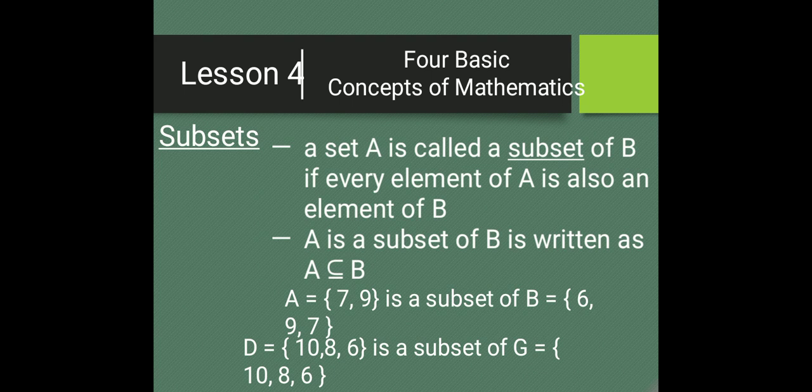Si 10 kay D is andun rin kay G. Yung 8 ni D is andun rin kay G. And 6 is also contained in the set G. So, this means lahat ng element ni D is andun kay G. So, this means D is a subset of G. Ngayon, class, lahat ng element ni G is andun rin kay D. Okay, may 10 si G, may 10 si D, may 8 si G, may 8 din si D, may 6 si G, may 6 rin si D. So, this means si G is also a subset of D. Ngayon, para-pareho sila, si D ay subset kay G, si G rin is subset kay D.